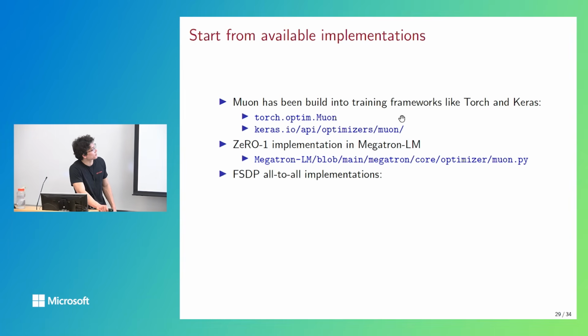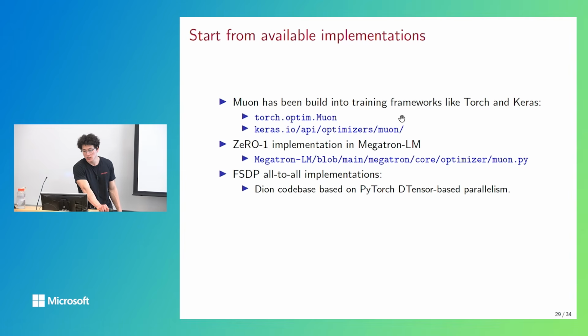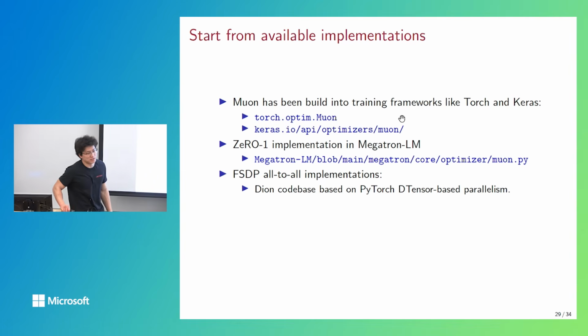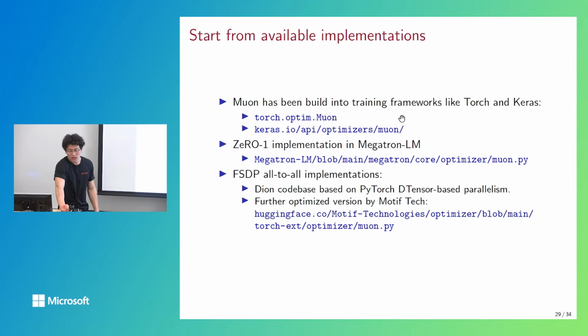For FSDP implementation of Muon specifically, which as we discussed is efficient, you can look at the Dion code base, which is based on PyTorch DTensor-based parallelism. And Moonshot Technologies' further optimized strategy can also be found in their Hugging Face open source code. You could look at them and see which one suits your training code base and try to incorporate.